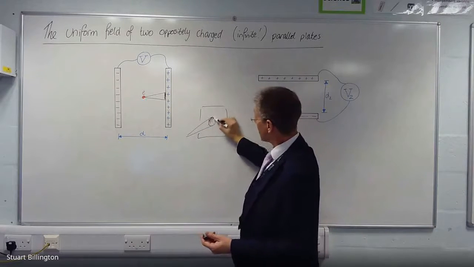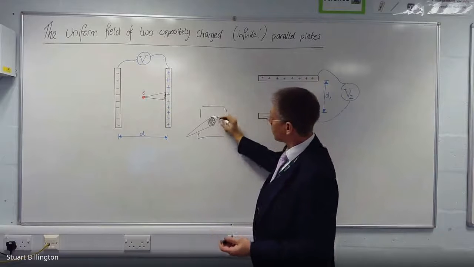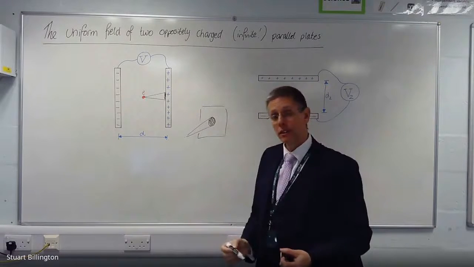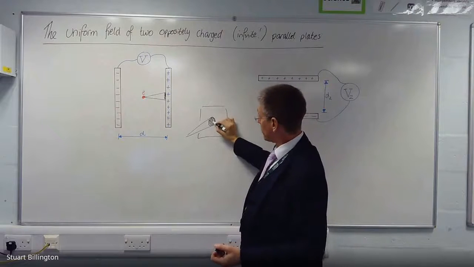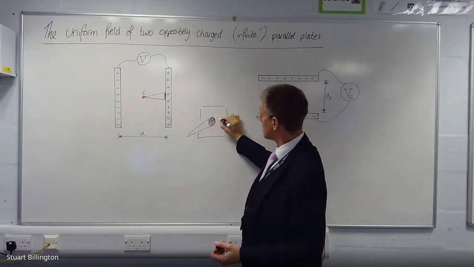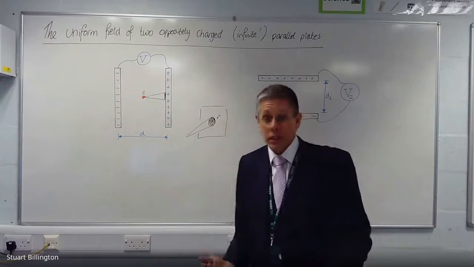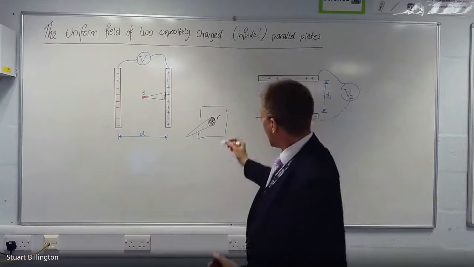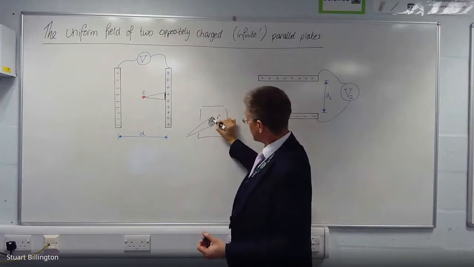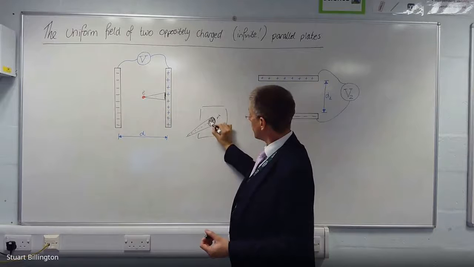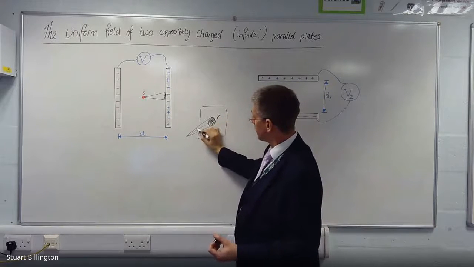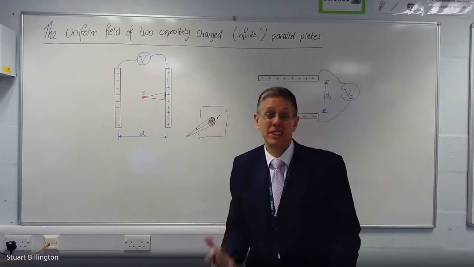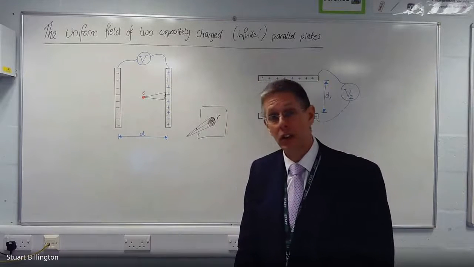And the area of the patch of metal that contains the charge will be proportional to the radius squared, because it's a circle. And this radius here will be proportional to this distance here for a particular angle here, because it's just a right-angled triangle.